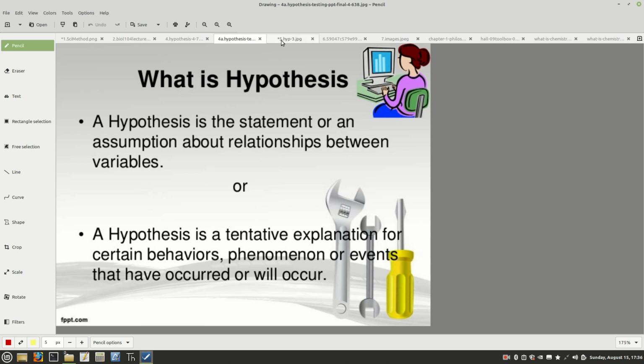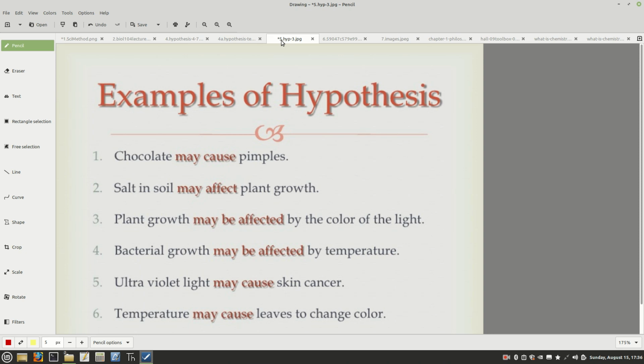There's also something called a null hypothesis that we will talk about later in the course. I may get to it here. Here are some hypotheses. Chocolate may cause pimples. Notice how they put "may" in here. A hypothesis is not proven. In fact, you never prove your hypothesis.